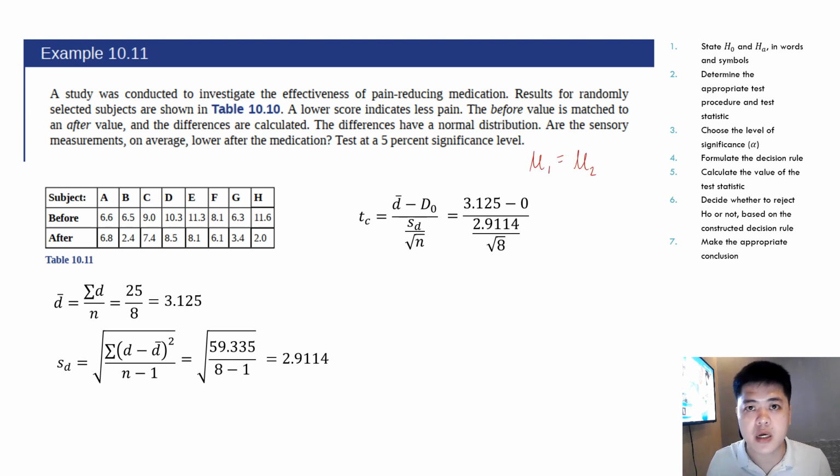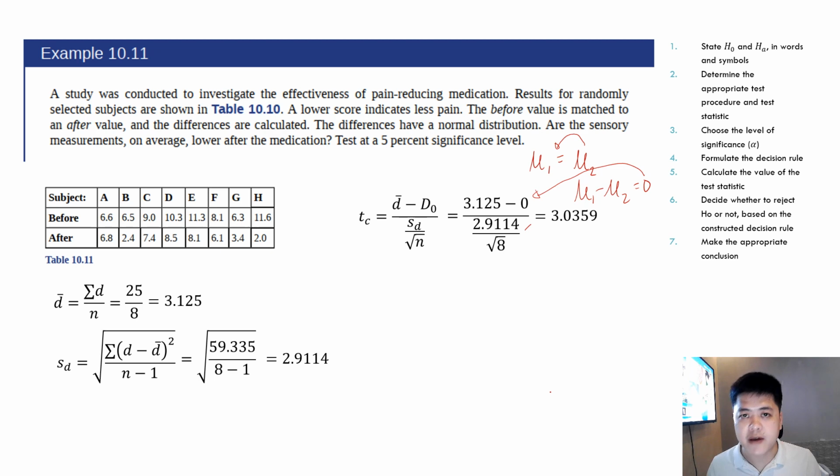That's your null hypothesis. So, kapag tinranspose natin siya dito sa kabila, we'll get mu sub 1 minus mu sub 2 equals 0. So, yun yung hypothesized mean difference. Okay? And then, SD is 2.9114, and then square root of 8. So, the final answer is 3.0359. Okay.